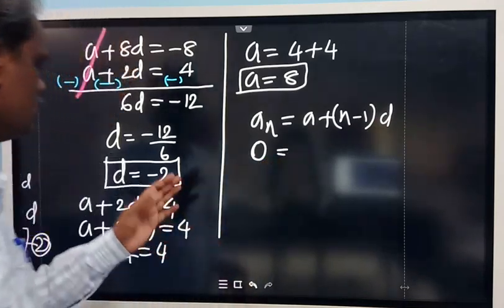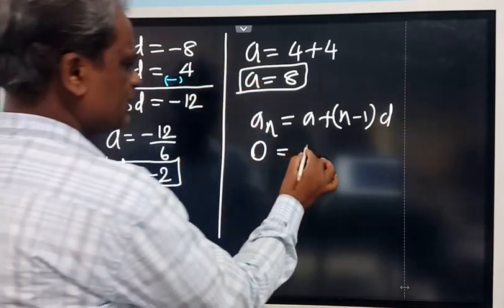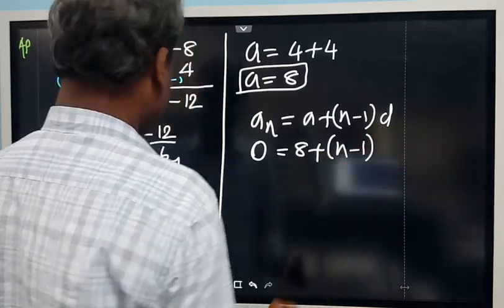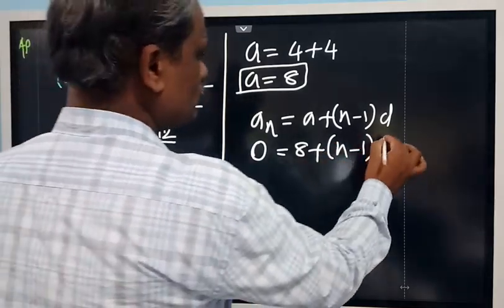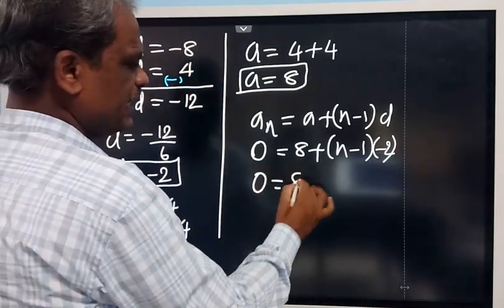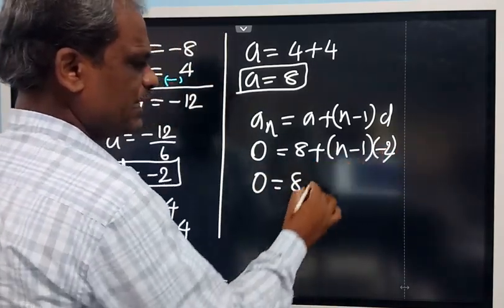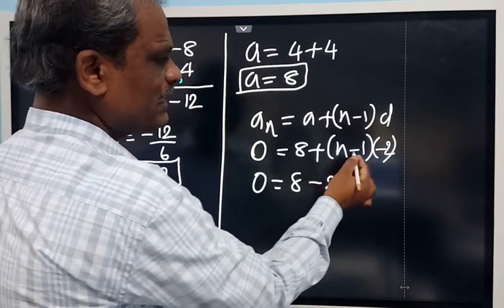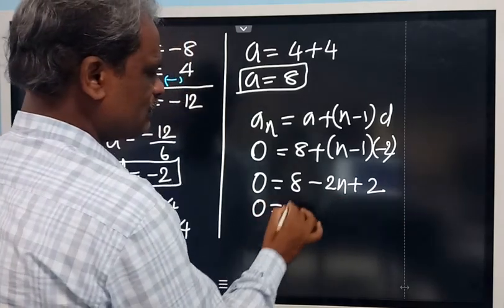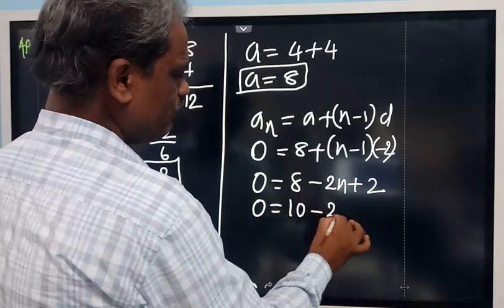And the A value you calculated, substitute here: 8 plus n minus 1, and the D value is minus 2. You write it inside the bracket because it is a minus sign. 0 is equal to 8 minus 2 into n, it is minus 2n. Minus 2 into minus 1 gives you plus 2. So now 0 is equal to 8 plus 2, 10, 10 minus 2n.